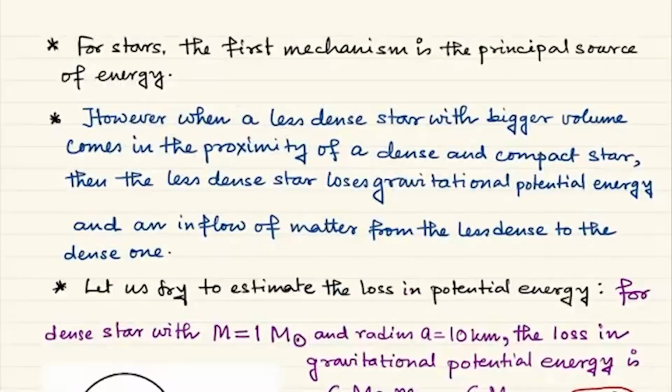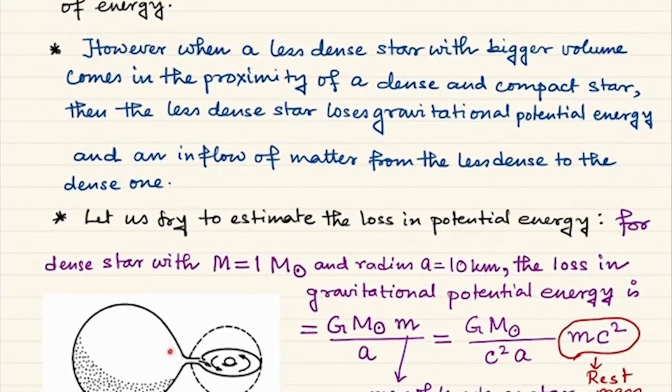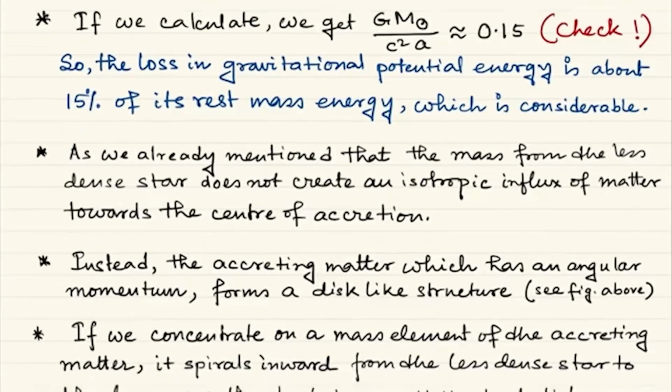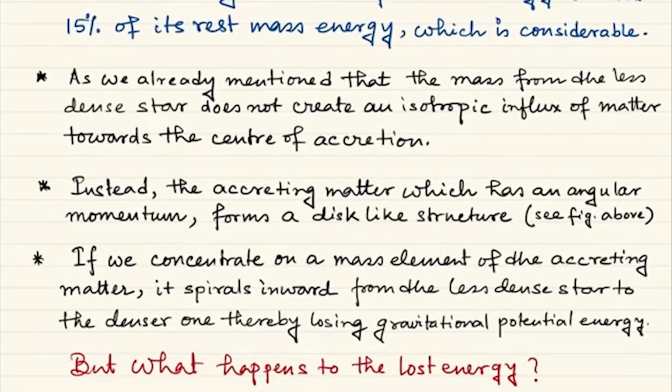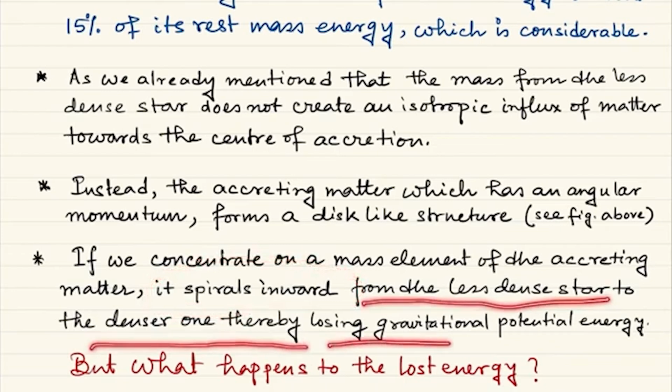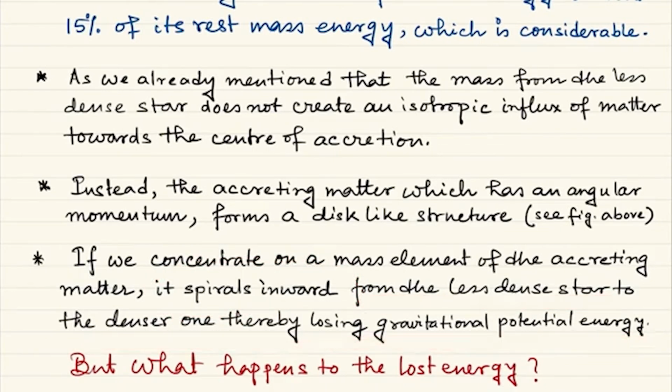And the mass which is leaving this original volume is now going towards this mass in a spiral path. Okay, so if we concentrate on a mass element on this accreting matter, we will see that it spirals inward from the less dense star to the denser one, thereby losing gravitational potential energy.